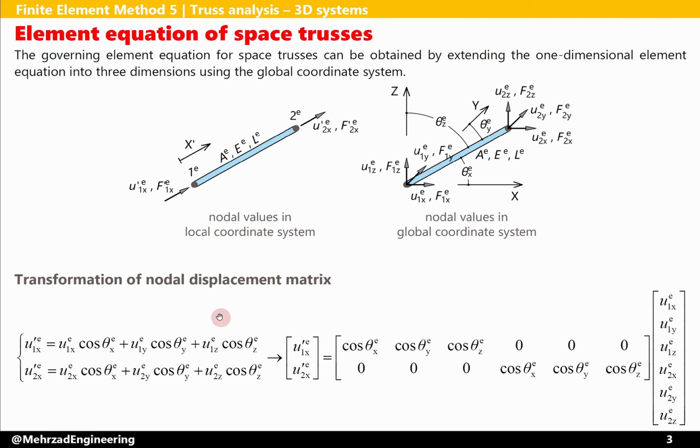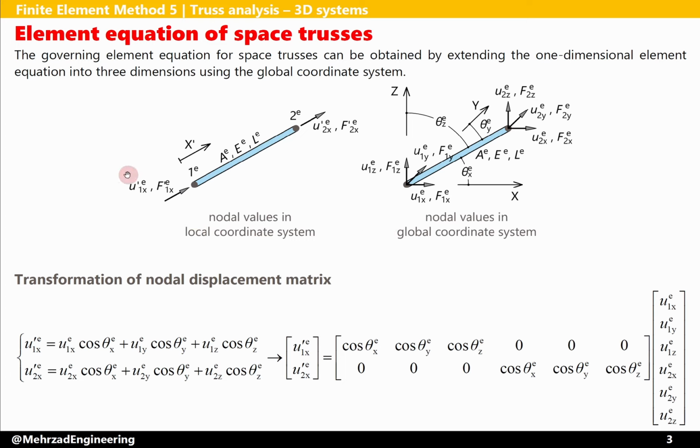For this purpose, first of all, I want to find a transformation of nodal displacement matrix. In fact, I want to derive a relation between displacement components in global coordinate systems and displacement components in local coordinate systems.